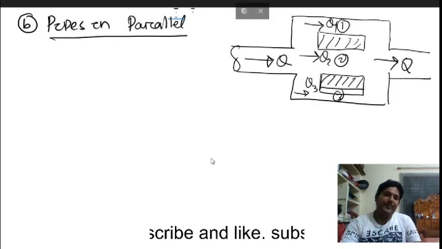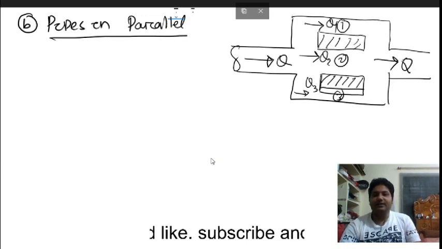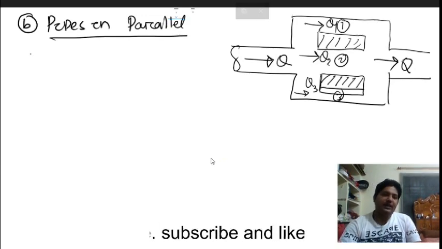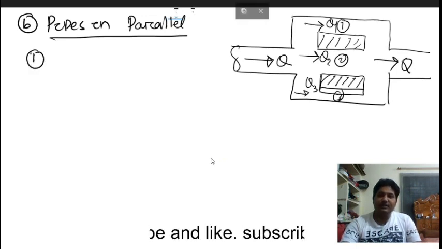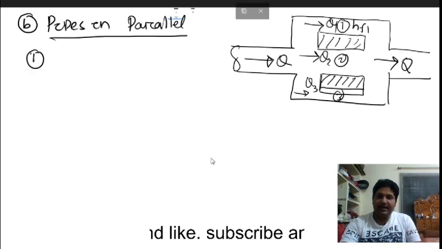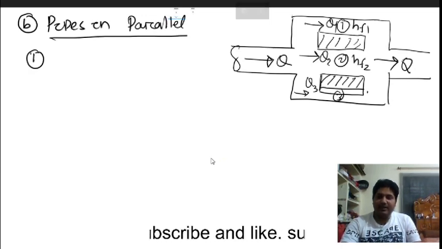The parallel pipe means the discharge is divided into different sections of the pipe. Now if you write out the compatibility equation, suppose the head loss in this one is HF1, in this zone is HF2, and in this one is HF3.